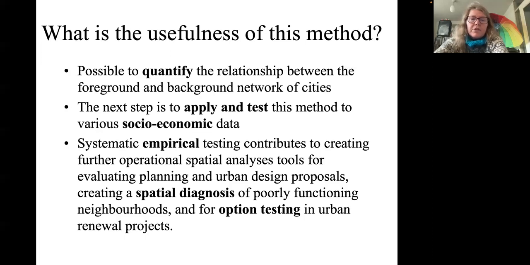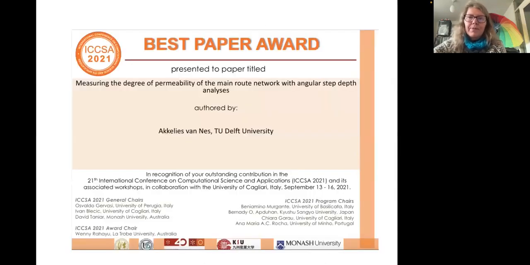And I hope that this systematic empirical testing can contribute to creating further operational spatial analysis tools for evaluating planning and urban design proposals, and also for making a spatial diagnosis of poorly functioning urban areas, and for option testing in urban renewal projects. So I also used it as a spatial diagnosis tool on the 40 worst neighborhoods in the Netherlands, and it seems that being poorly connected to the main route was one of the things I saw.